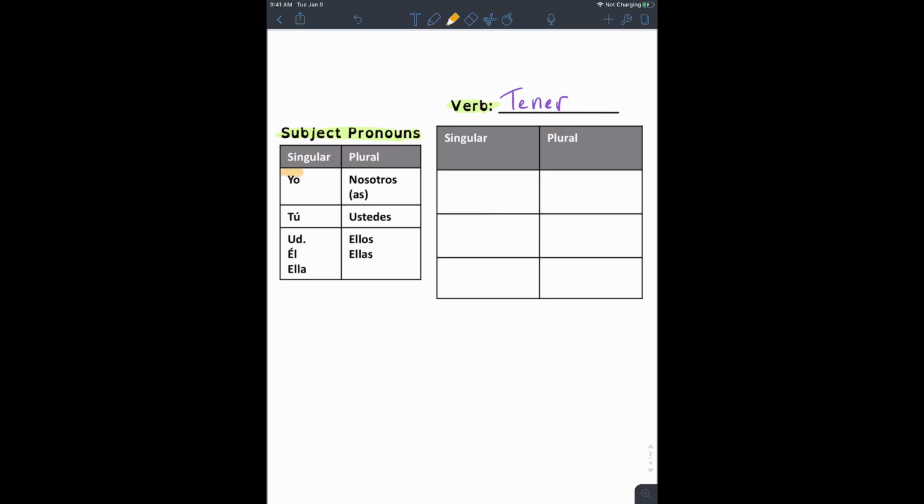And on this side, we have the verb tener and how it's going to change according to the subject pronoun. The verb tener in the yo form is going to change to tengo. In the tú form, tener is going to change to tienes. In the usted, él, and ella form, tener is going to change to tiene.